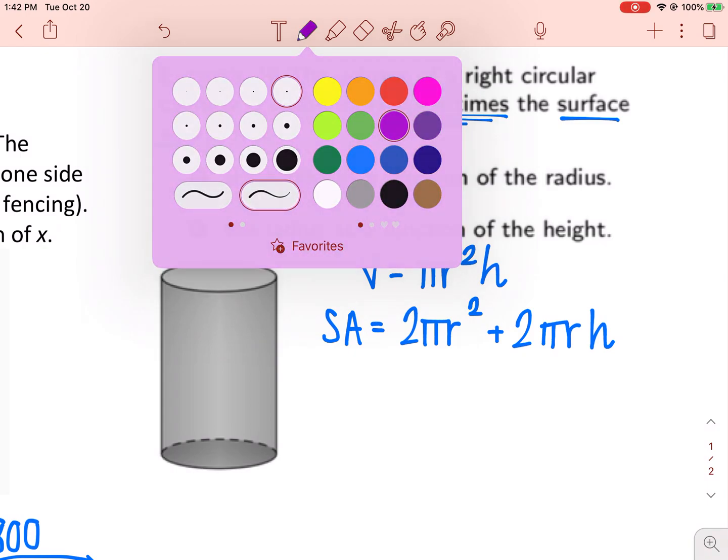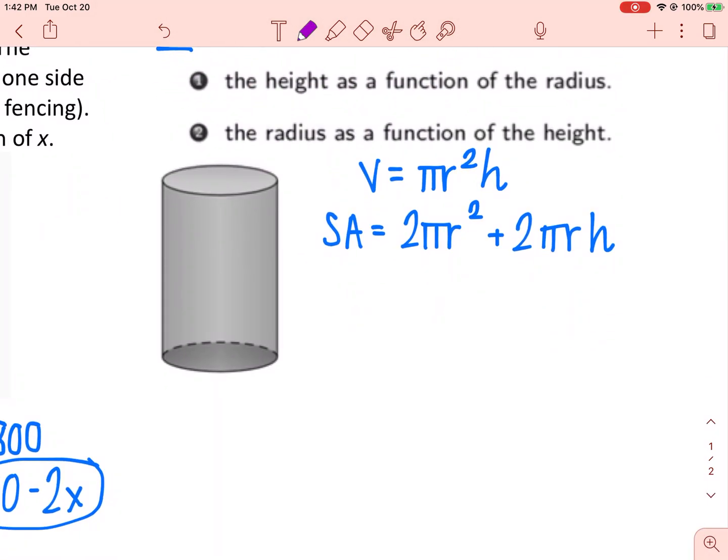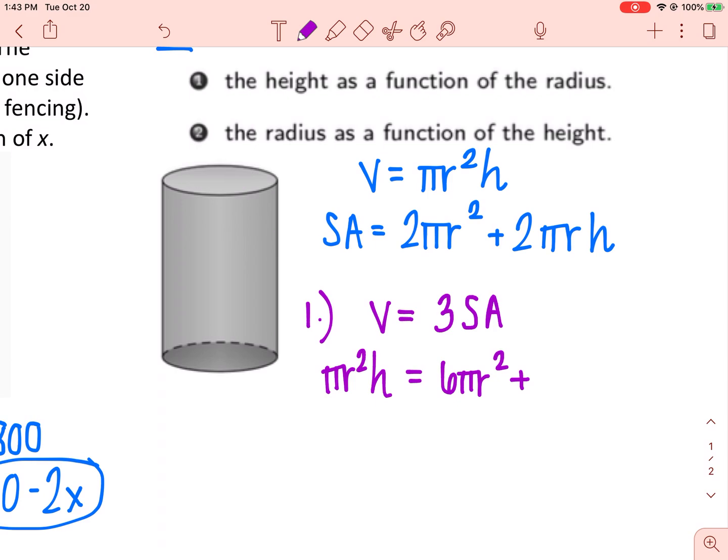Okay, let's see. So part 1, let's take it step by step. It's saying that the volume is 3 times the surface area. That's what I'm given. Let me substitute in those formulas. Oops. 3 times it, so I'm actually going to do the multiplication as I go. So it would become 6 pi r squared plus 6 pi rh.